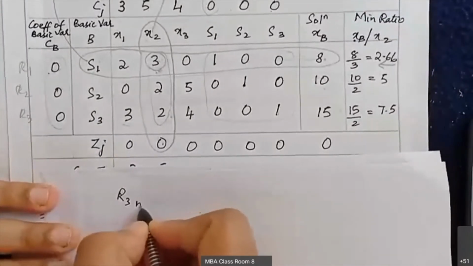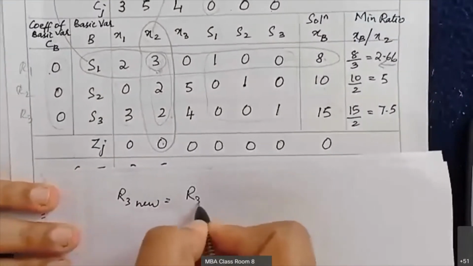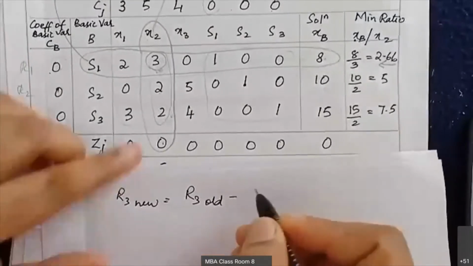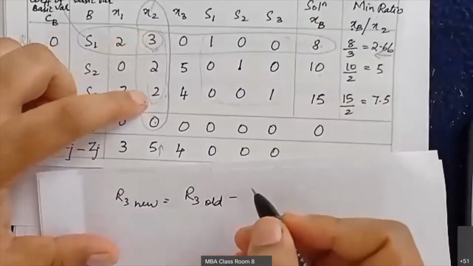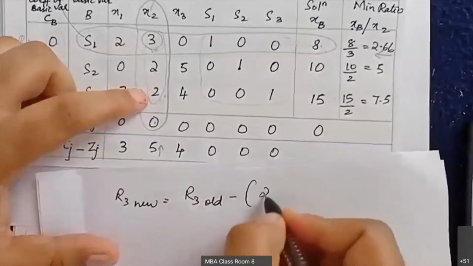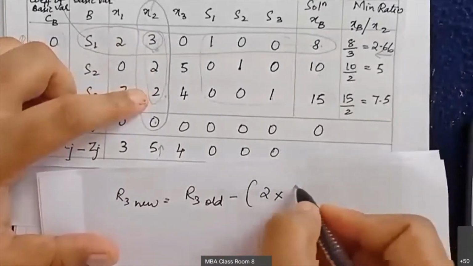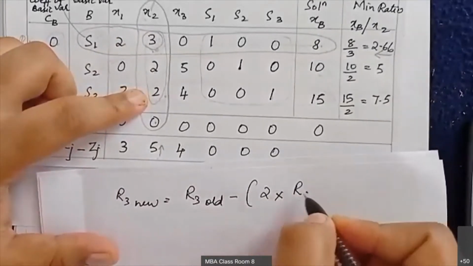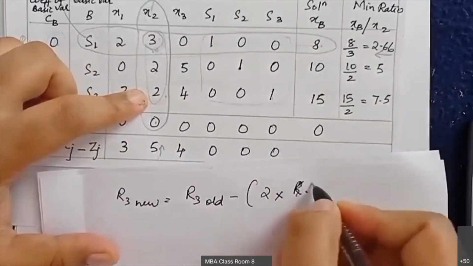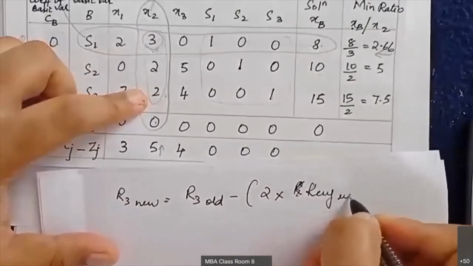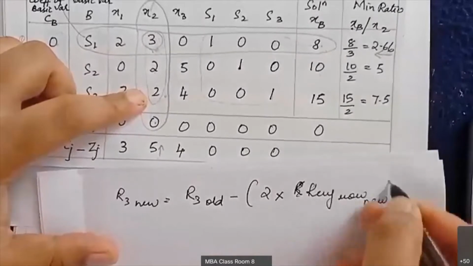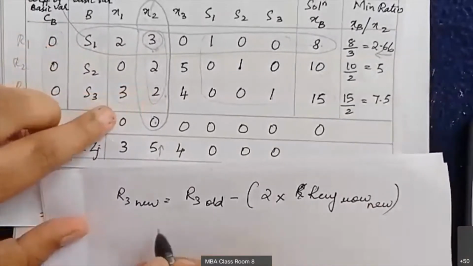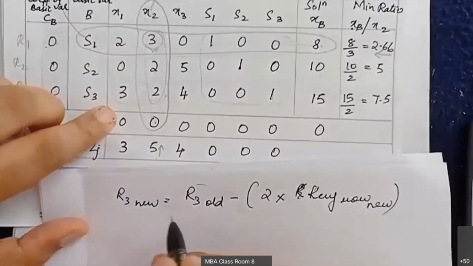R3 new is equal to R3 old minus the number corresponding to the key number. Here it is this 2. So 2 into the key row, that is the key row new. Now tell me R3 old. These are the values you have to tell. R3 old.